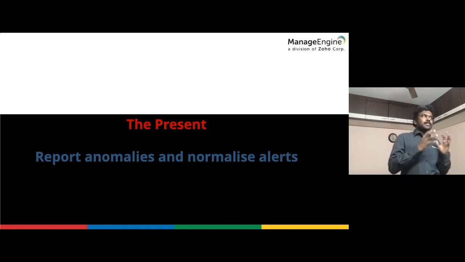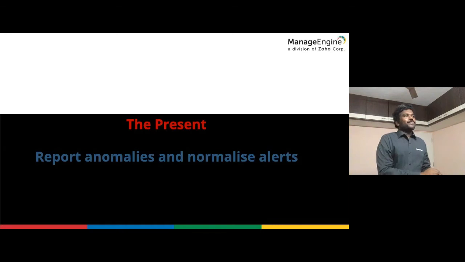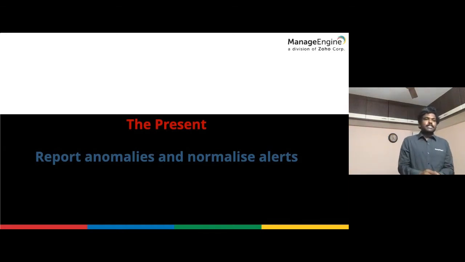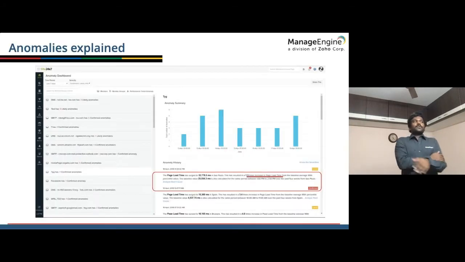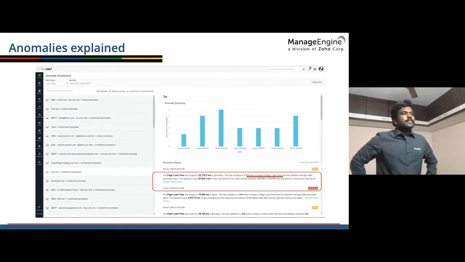Right. Now, let us come back to how your AI system can help you make decisions at present. So this is going to be reporting a lot of anomalies and normalizing a lot of alerts. So let's see what that is. Here is again a screenshot from Site 24/7, the monitoring suite.